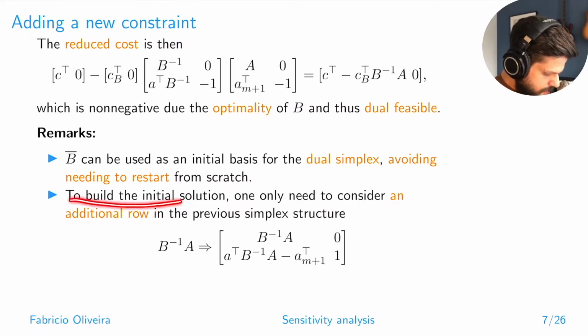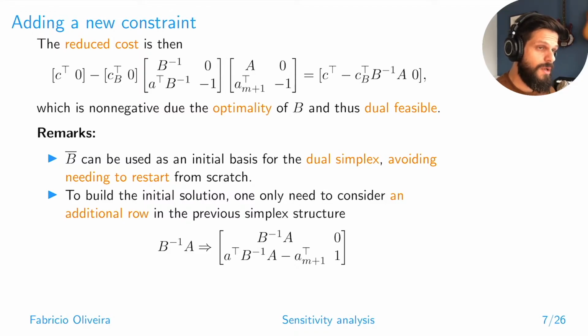So to build this initial solution, what we do is basically just add an additional row. In order to see that in a tableau notation, we can think of how the B minus 1 A changes. So if I think of B bar minus 1 A, or the inverse of B bar times A, what I get is this.